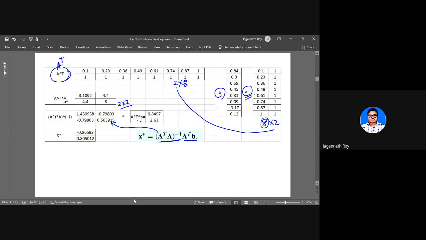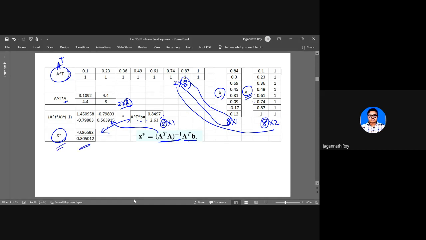So A transpose into B. So this is 2 by 8 times 8 by 1 matrix, so finally this is a 2 by 1 matrix. So these two and these two are matching the dimensions. So finally, you will get the X star equal to this one.